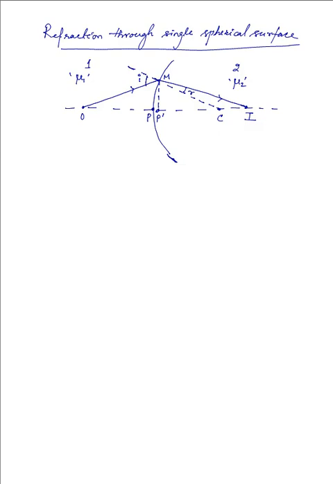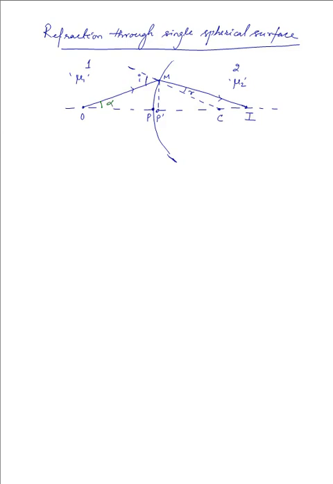Now, to mark the other angles, I'm using another ink for that. We'll consider the angle that the incident ray makes with the principal axis. Let that be an angle alpha.